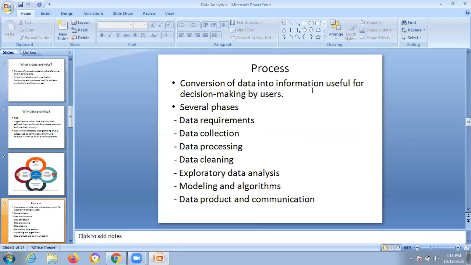Any unnecessary thing you should clean and remove, and you need to explore the data, and analysis can be carried out, and modeling should be carried out. If necessary, an algorithm should be applied to get a suitable result. And finally, product data can be collected, and communication can be done. These are the essential things that should be carried out.